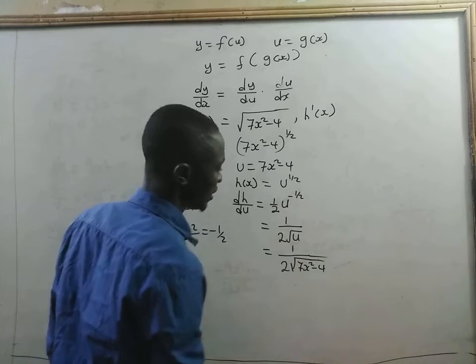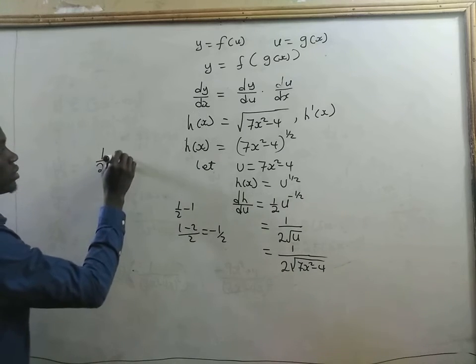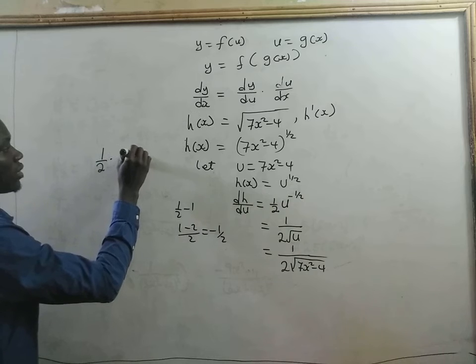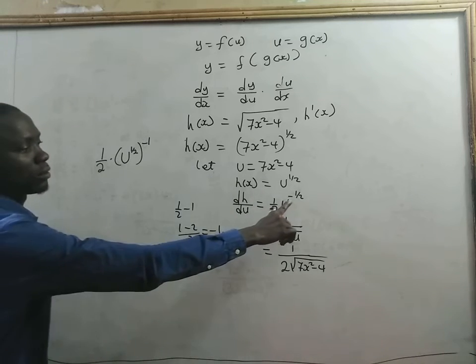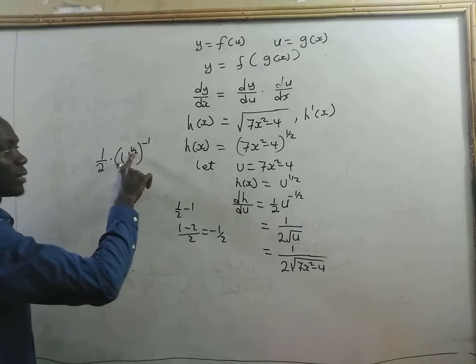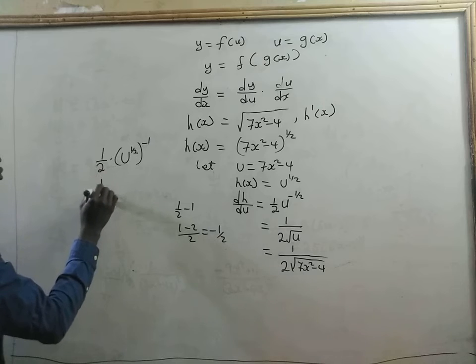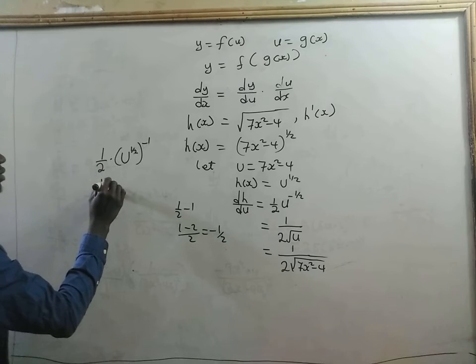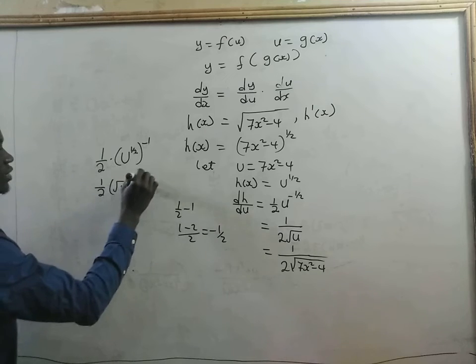Now let's see how we did this one. Here we have 1 on 2 times u to the power half. Then our factor is negative 1 out of 2, or negative 1 times half will give us negative half. So this is the same as writing 1 on 2 times root u to the power negative 1.